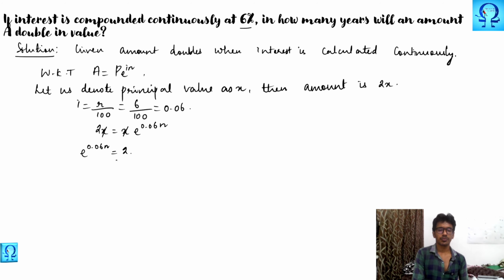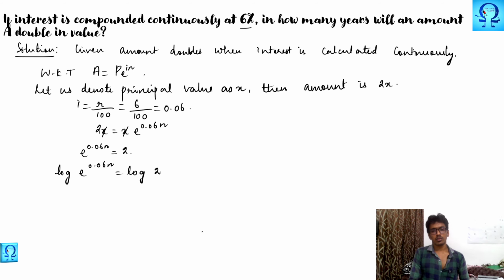In order to bring this n down, we take log, right? So log of e to the power 0.06 n is log 2. While dealing with some problems in compound interest, I told you that you may take any log, right? Here specifically, if you take log with base e, that would be better, because when you take log e to the base e, this will become 1.